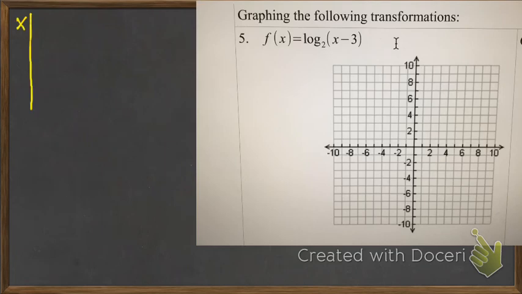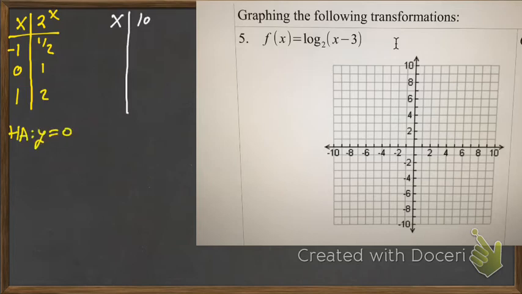So here we're going to graph log base 2 of x minus 3. The base there is 2, so we're going to make the table for 2 to the x power. So negative 1, 0, and 1, 1 half, 1, and 2. Horizontal asymptote of y equals 0. If we're going to graph the inverse, we switch those x and y pairs.